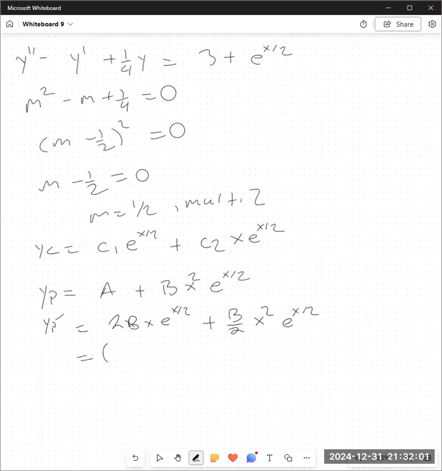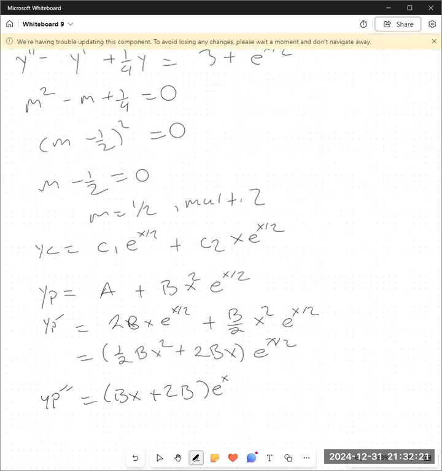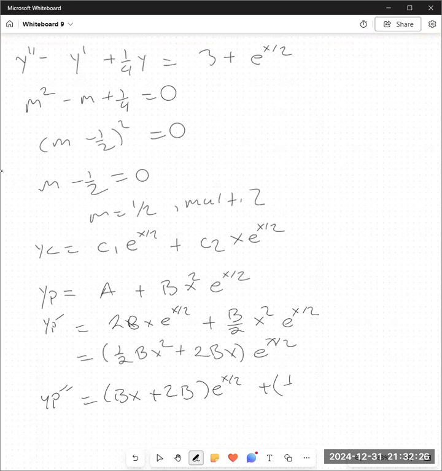That is 1/2 bx squared plus 2bx, times e to the x over 2. So yp double prime is equal to (bx plus 2b) e to the x over 2, plus half of that, which is 1/4 bx squared plus bx, times e to the x over 2.